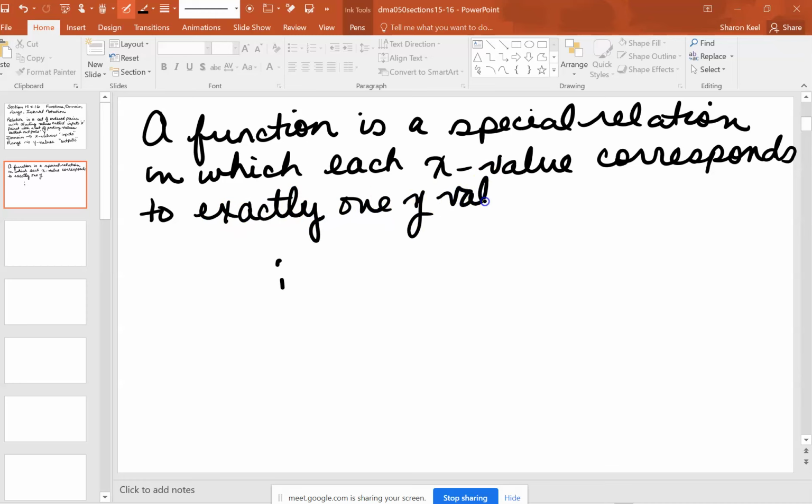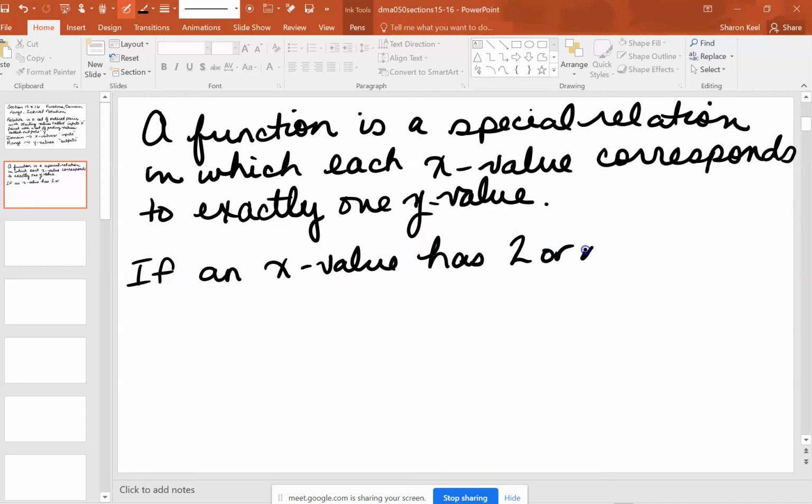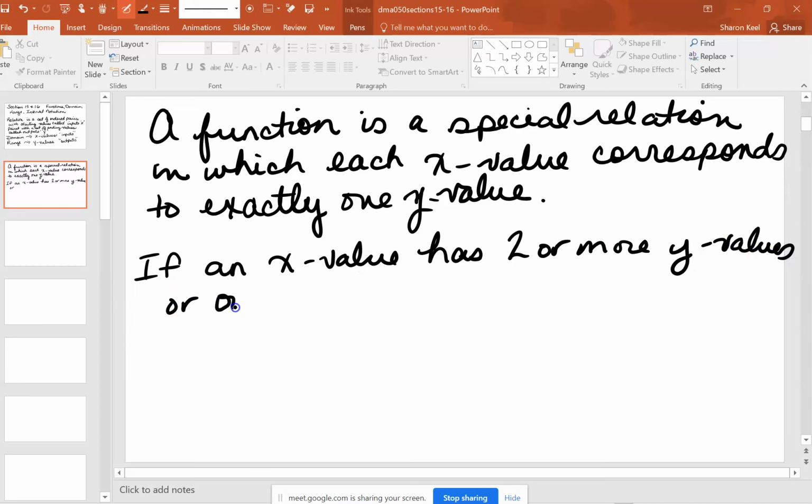Okay, so for every x, there is only one y answer in order for it to be a function. If an x value has two or more y values or outputs, it is not a function.